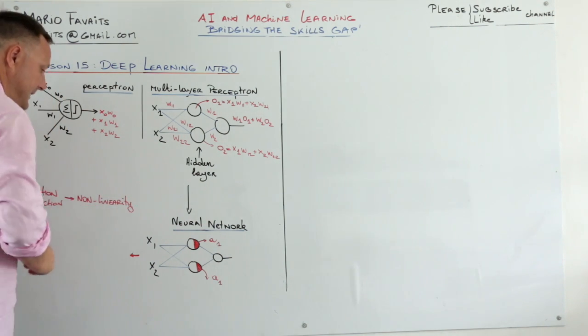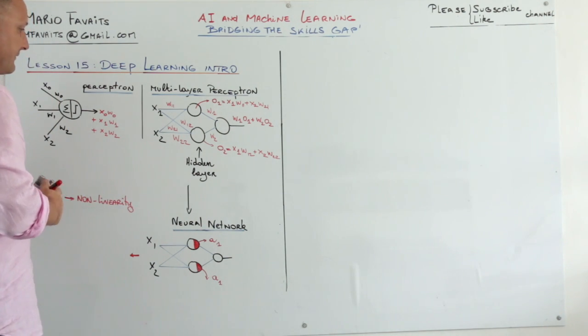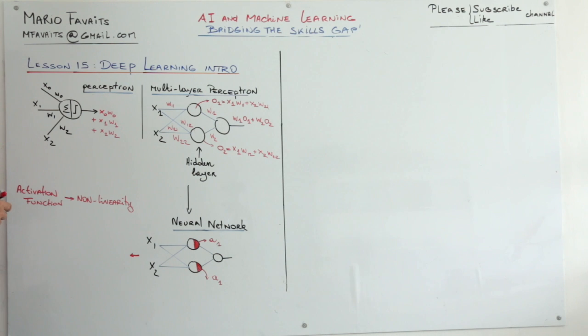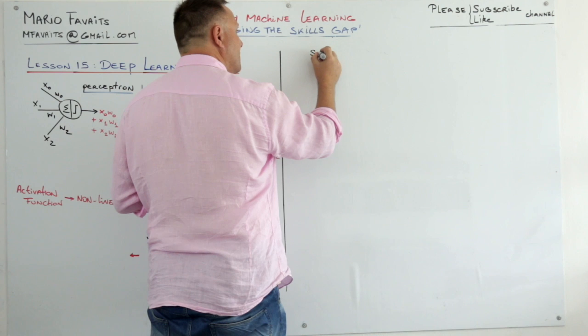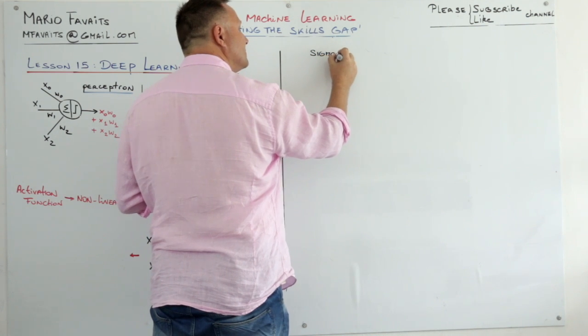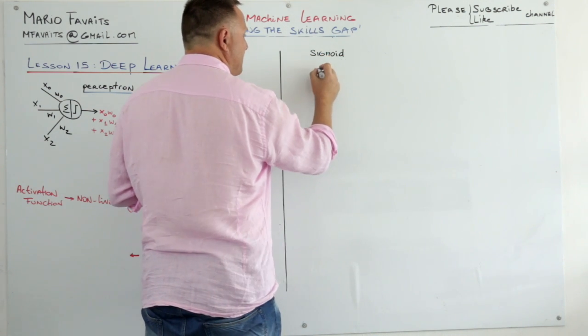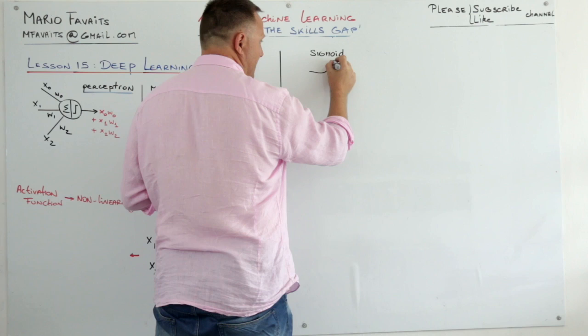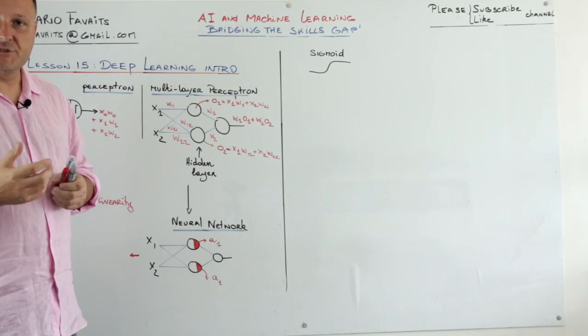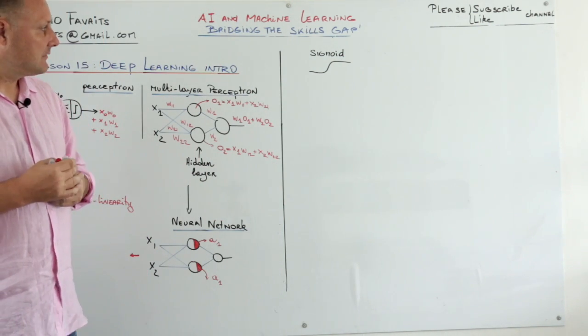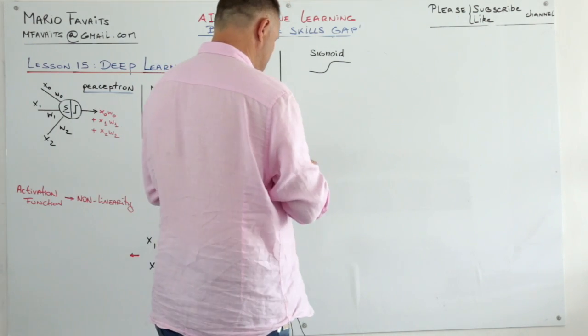Here we go. What are activation functions? Well, we've seen a few. We've seen the sigmoid function. Remember, it's that curve we used in logistic regression, for example.